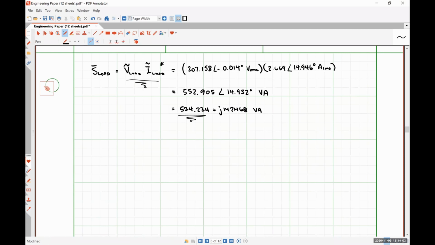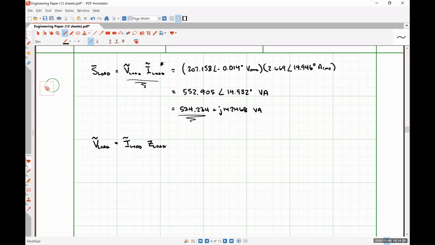So what I mean is, we know from Ohm's law that, for instance here, V load is simply I load, the RMS phasor current flowing through the load, multiplied by the impedance of the load itself, right?